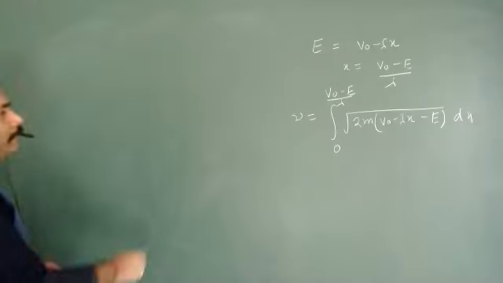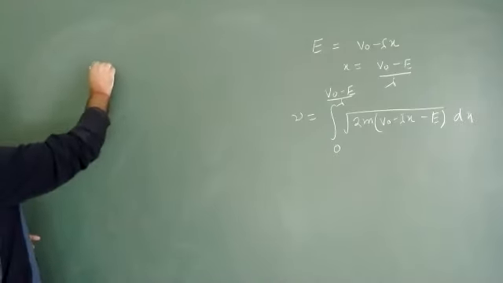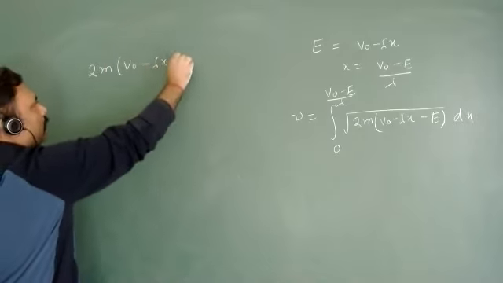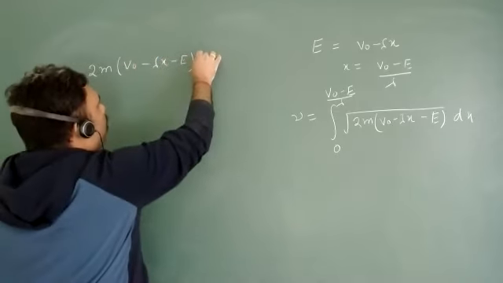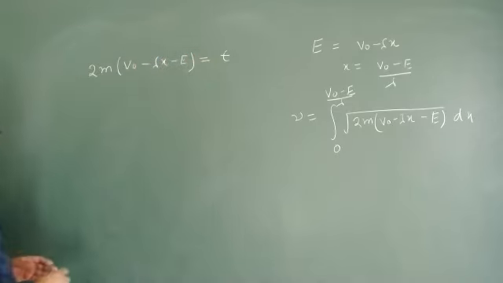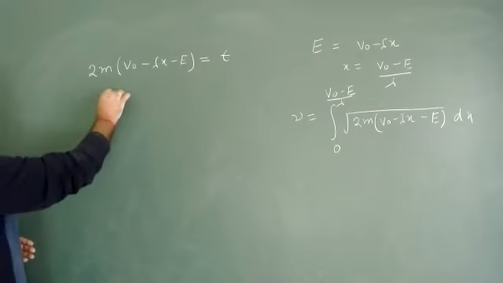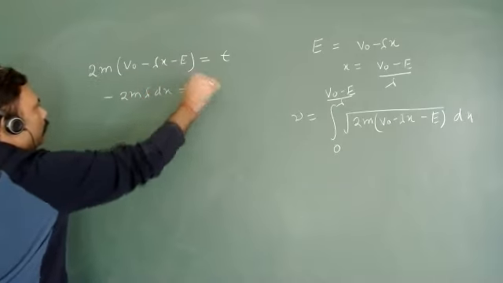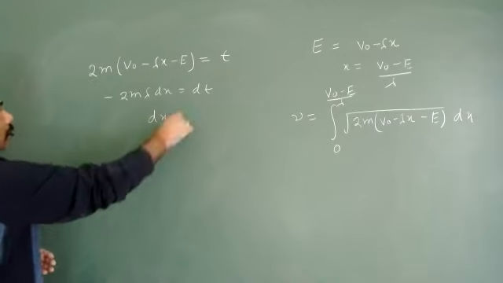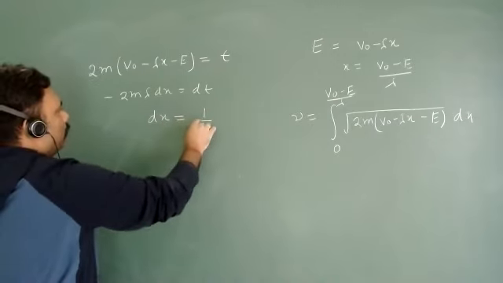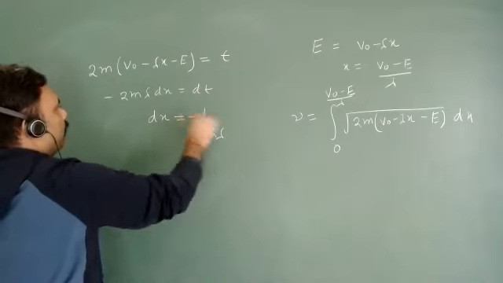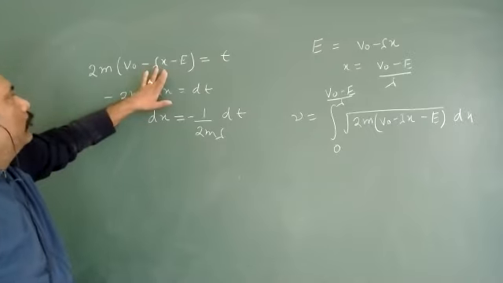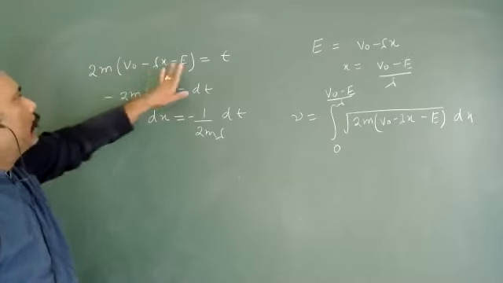So what will be my first step? I will go very smartly: 2m (V0 minus lambda x minus E), have patience, must be equal to t, isn't it? Then minus 2m lambda dx is equal to dt. This time I have to do it in one stretch and absolutely correctly. Now when x is equal to 0, t is equal to 2m (V0 minus E).